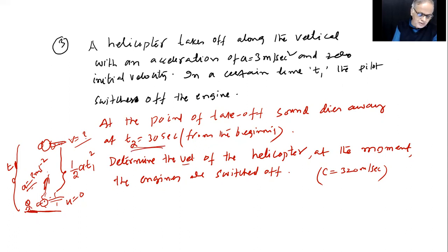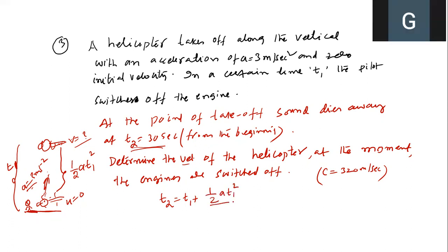That means it will go up for T1 and takes some time to come back. That time is 30 seconds. So I should write T2 equals T1, that's the time to go up, plus the time for the sound to come back to you, that is half A T1 square by 320, speed of sound.